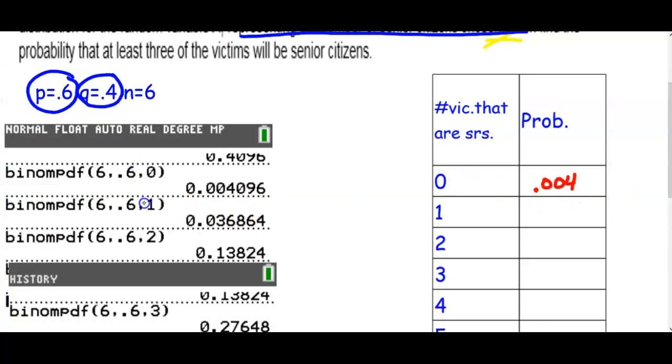And then I did second enter, and I said, what's the chance that one of them said they were a senior citizen? And that would be this one. 2 senior citizens out of the bunch we asked would be, whoops, 0.138.